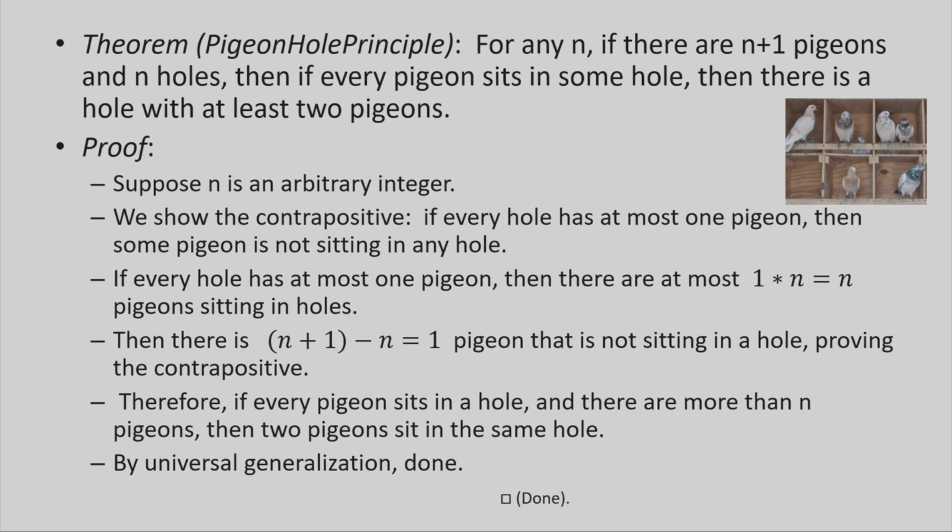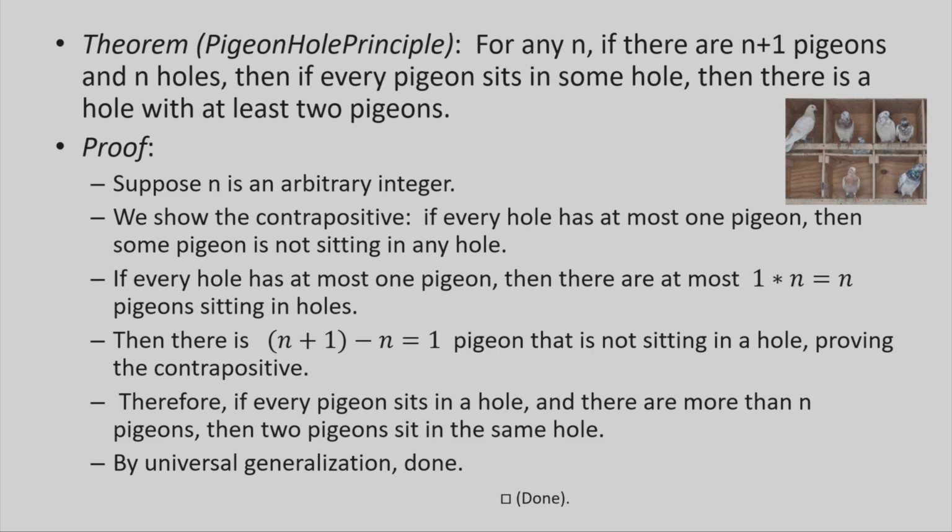So here is the proof, and the proof is, again, just calculations. If every hole has at most 1 pigeon, well, there are n holes, and so there would be n pigeons sitting in the holes. But we have n plus 1 pigeons, which is more than n. n plus 1 minus n is equal to 1.